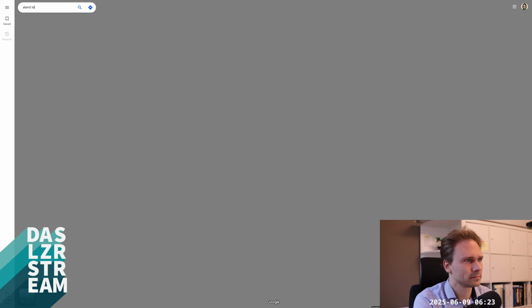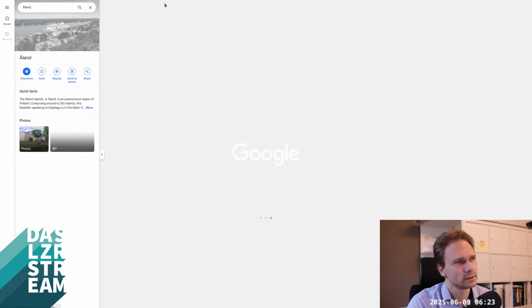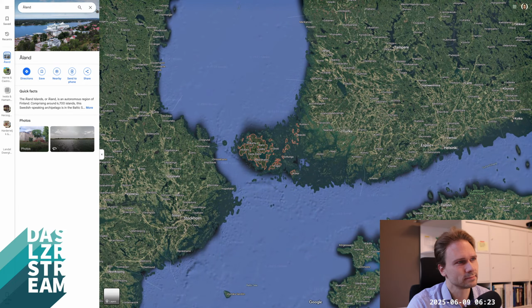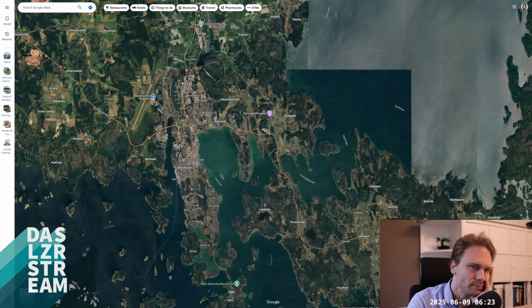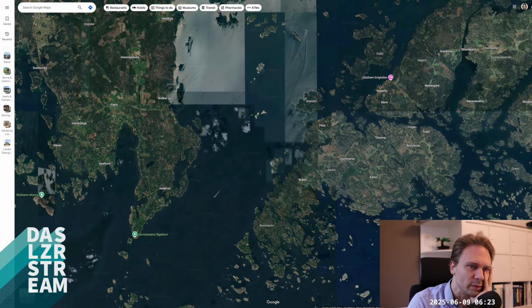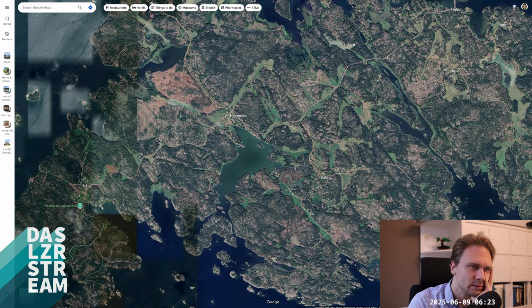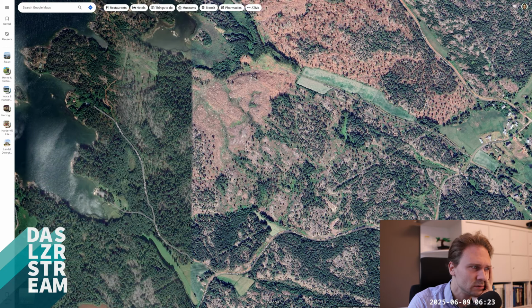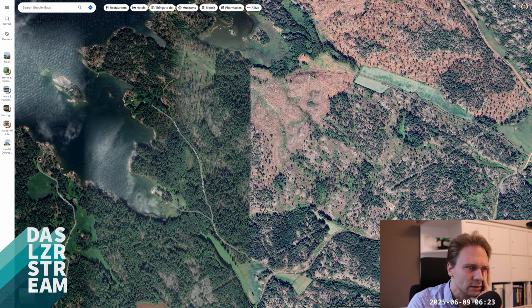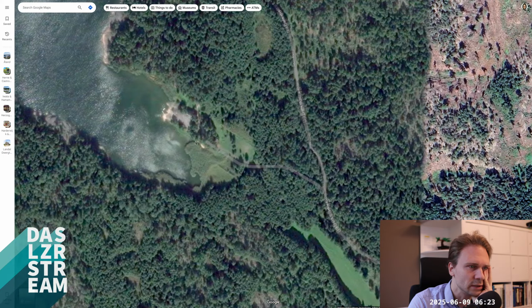Why doesn't this work? Would we have space for a monastery here somewhere? Which should be one of the smaller islands, I guess. But you can totally build a monastery here, you know? Yeah, they can save you. They probably can. Is this a dock?